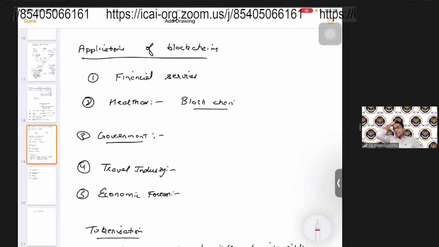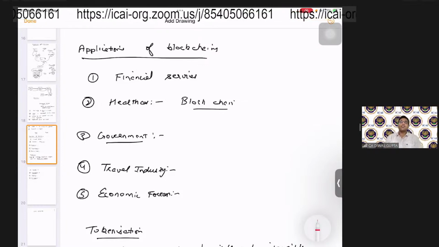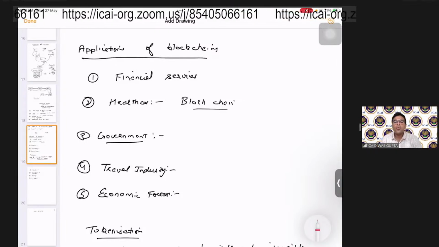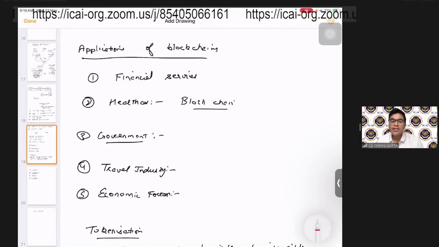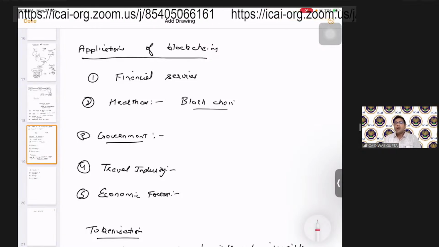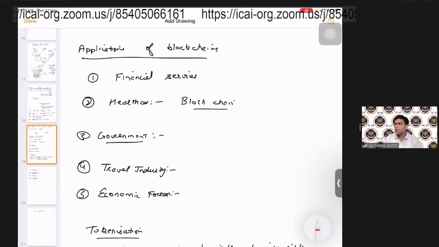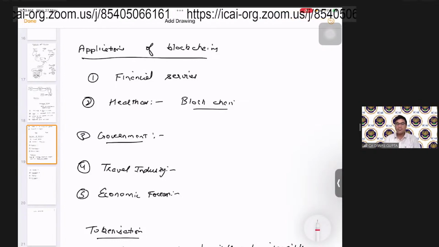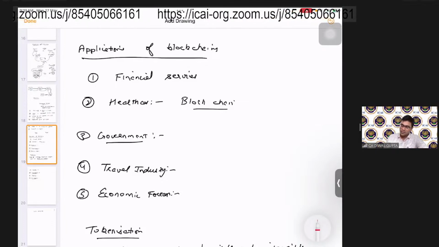All those things can use blockchain to have that information ready and hence to avoid sufficient hassles. Then any sort of economic forecasts. How will GDP perform, right? Because for that also you need a lot of information to be processed.